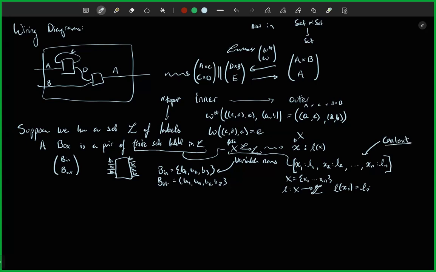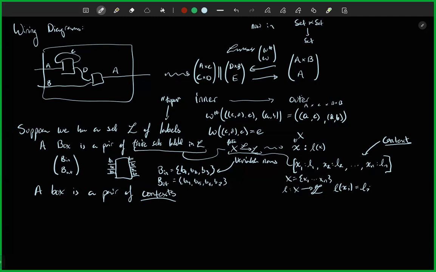So a box is really a pair of contexts. By this rearrangement, it means the same thing. It's a finite set labeled. We could think of that finite set as the names of the wires, and the labels as the thing that's going to help us make sure that we always plug the right wire into the right other kind of wire, so that when we interpret it, we don't end up with garbage in, garbage out.